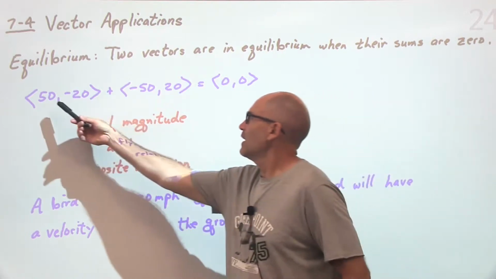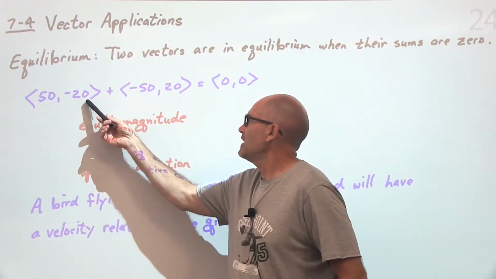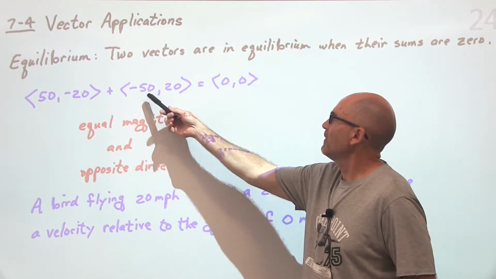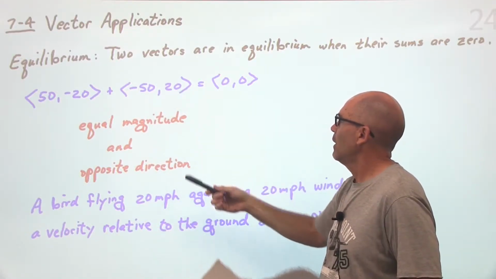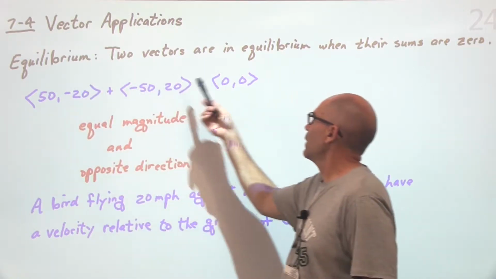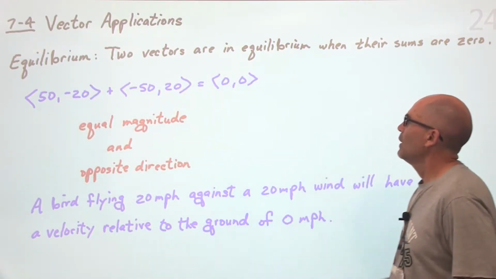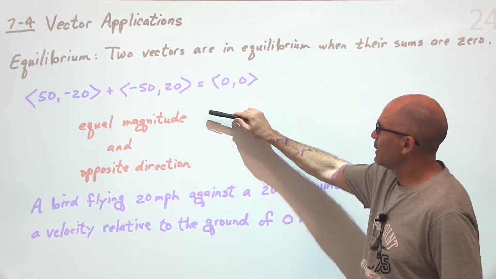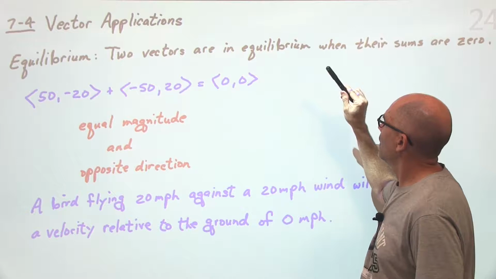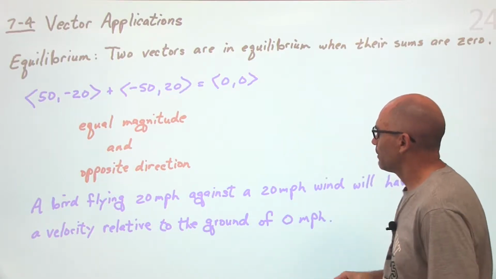One vector is right 50 and down 20. The second vector is left 50, up 20. Well, when I add 50 plus negative 50, negative 20 plus 20, I get 0, 0. So equal magnitude, opposite direction make vectors in equilibrium.